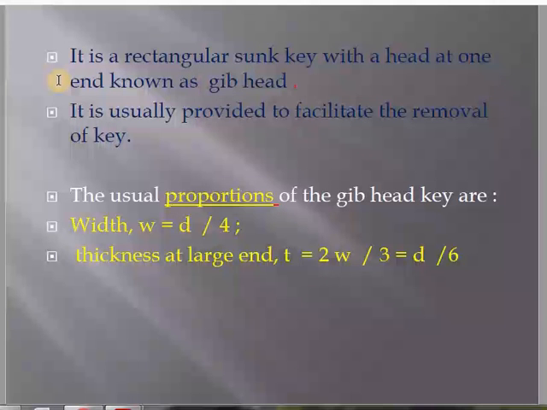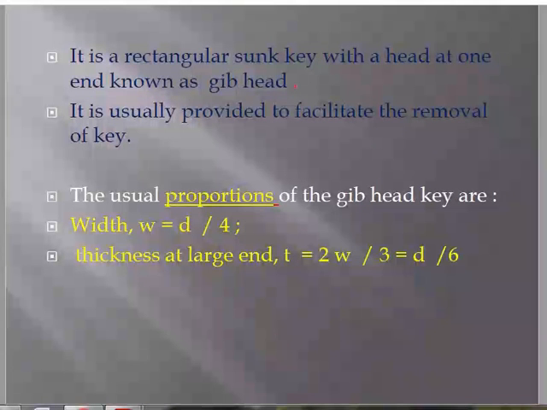So using gib head key, it is easy to remove the key from the assembly of shaft and gear or the shaft and pulley.